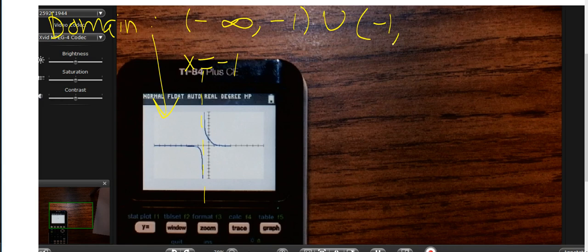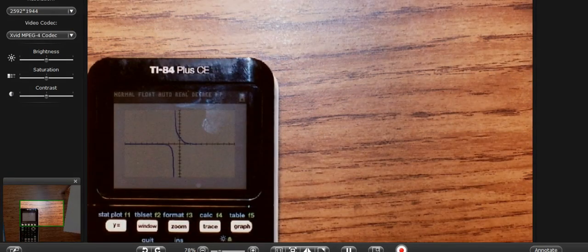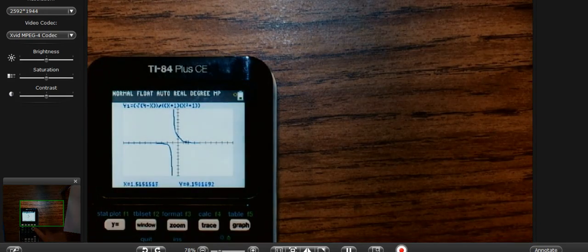All right, now, something's going on right there. It looks a little unusual, doesn't it? All right, so let me jump back to my camera, see if we can figure out what's going on here. If I hit the trace button and I'm following the graph, what happened? The y values just disappeared.